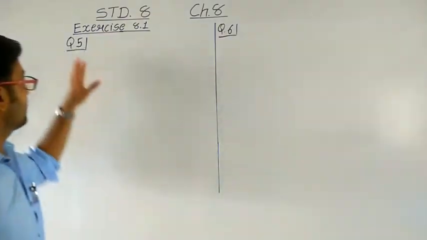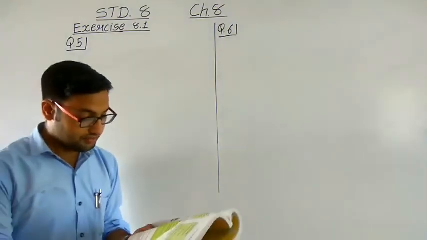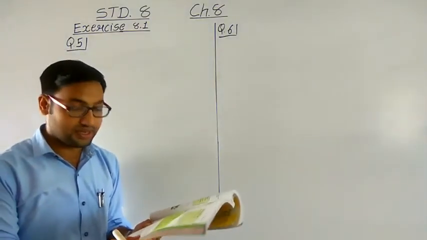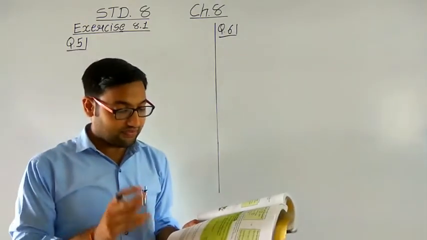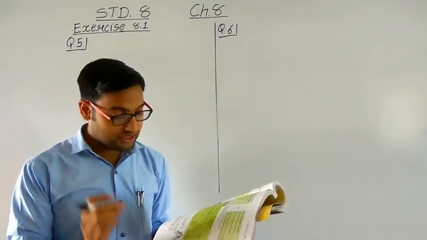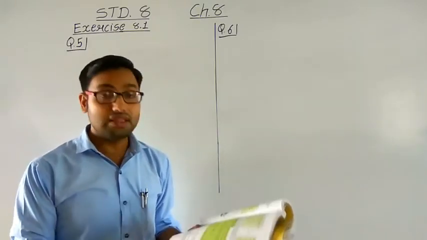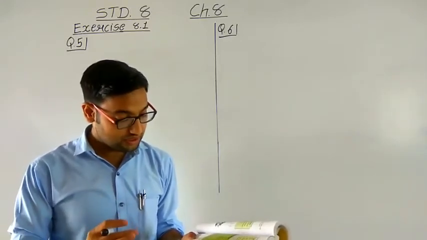Okay, let us study question number 5. What is the question? If Chameli had ₹600 left after spending 75% of her money, how much did she have in the beginning? We don't know how much money Chameli had.